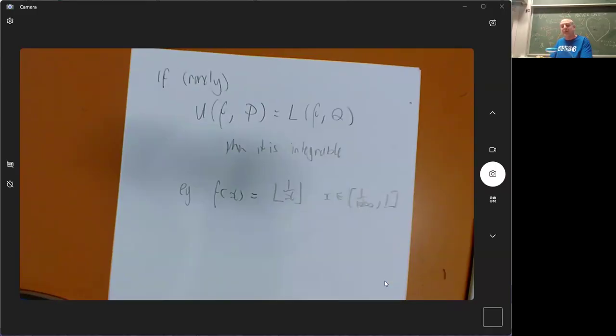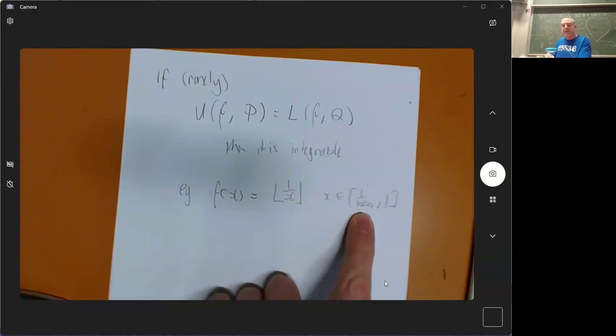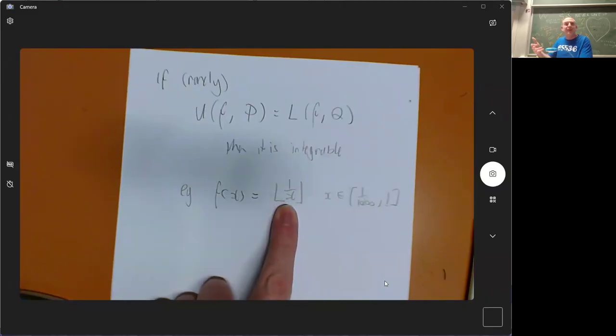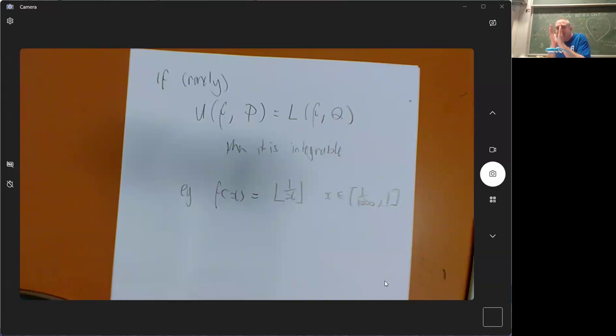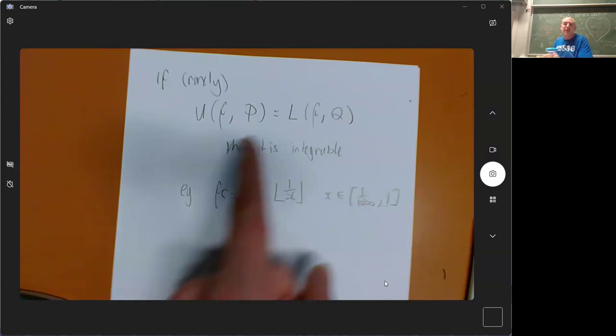And so your first, when x is 1 on 1,000, the answer is 1,000. And then the next one is 1 on 999. And they're all intervals. They're all constant on every interval, and so if you choose your partition to be those intervals, then the upper sum and the lower sum will be equal.